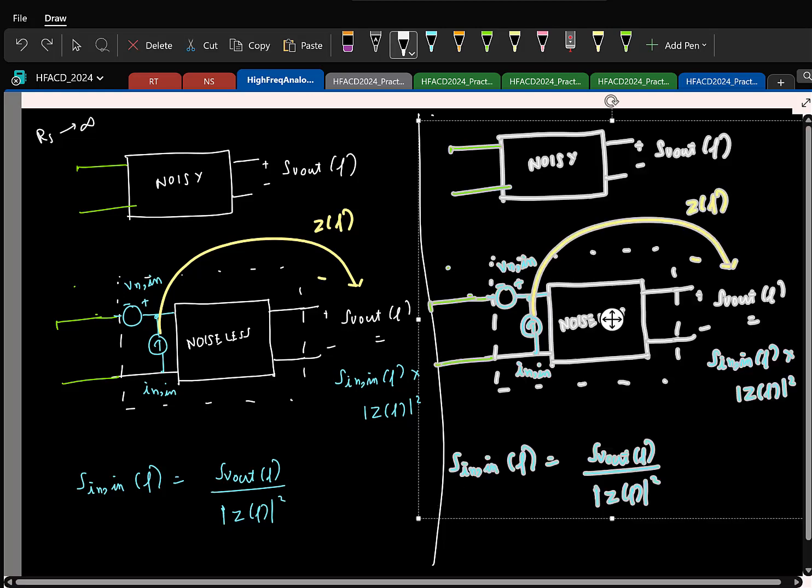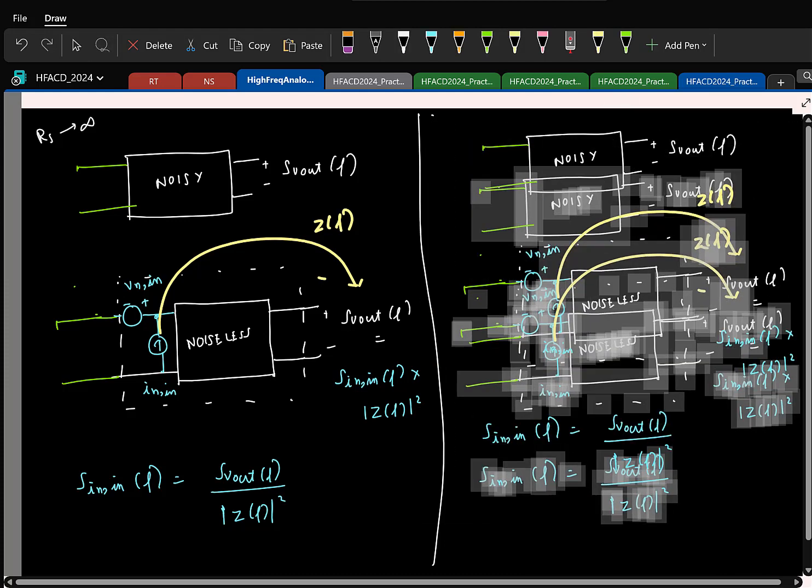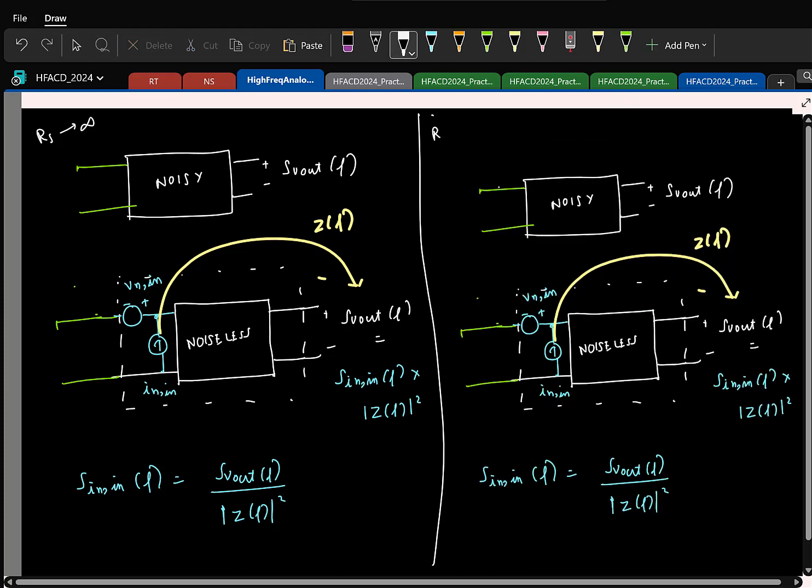Here also I first have to put Rs to be infinity, and then instead of finding the open circuit voltage, I'll find the short circuit current. So here I'll find Si out of f.